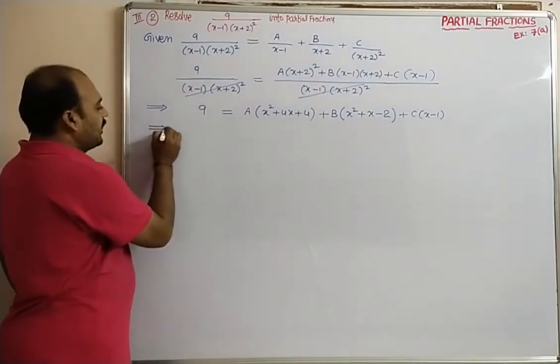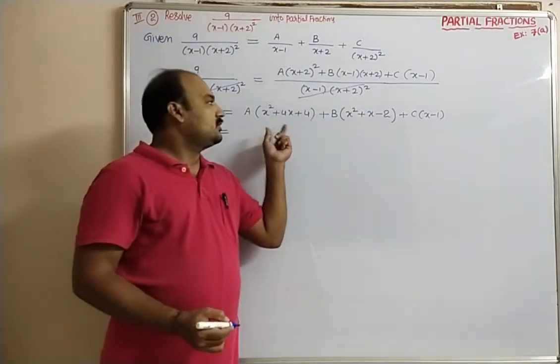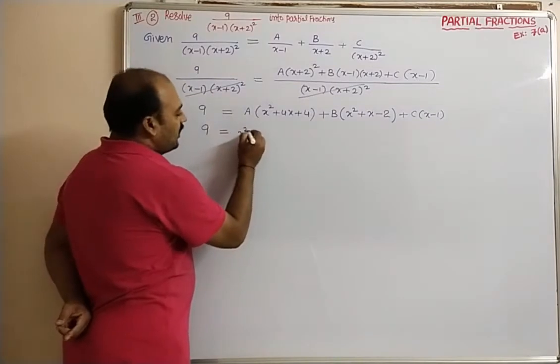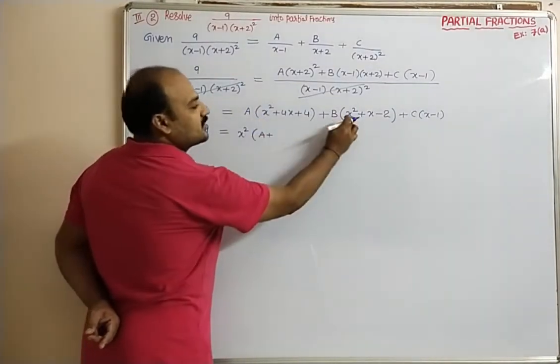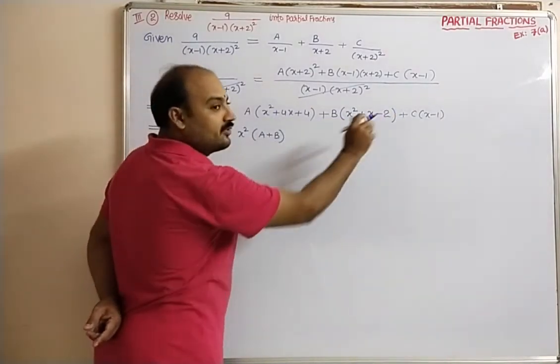That implies 9 equal to, first the x square terms you take common, x square into, here the x square coefficient is a, plus here the x square coefficient is b. You can stop there, there is no other term of x square.